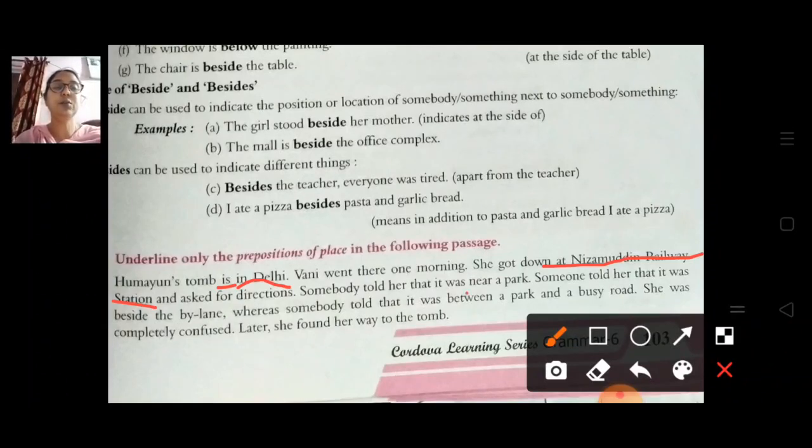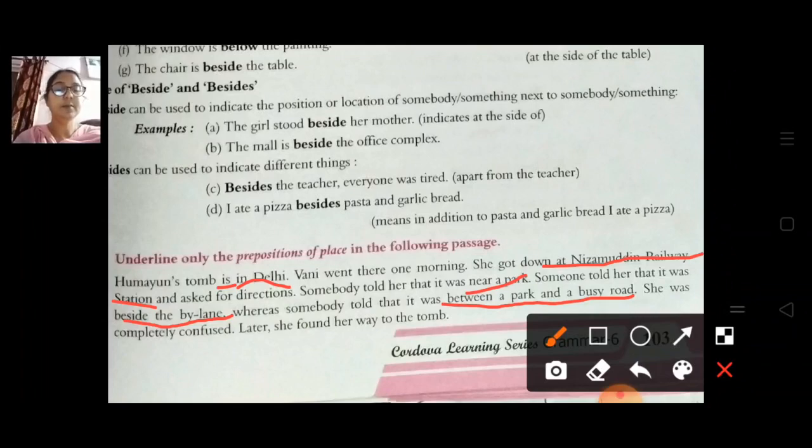We are going to underline that. Someone told her that it was beside the by lane. Beside the by lane. Whereas somebody told her that it was between a park and the busy road. So, between a park and the busy road. She was completely confused.